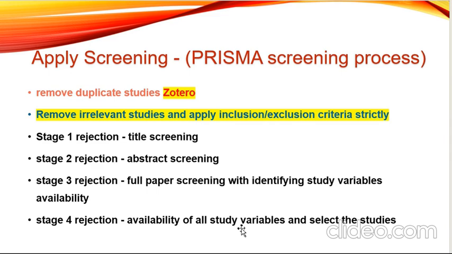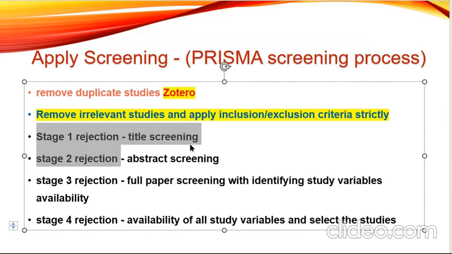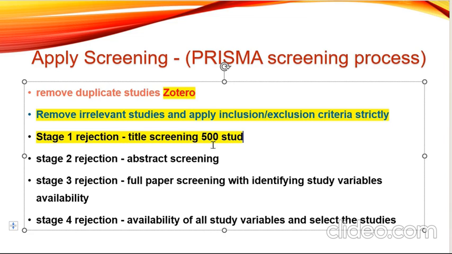In the stage 1 rejection, you have the list of studies. Stage 1 rejection is title screening. Imagine you have 500 studies; you just review them by title screening. You see the title.